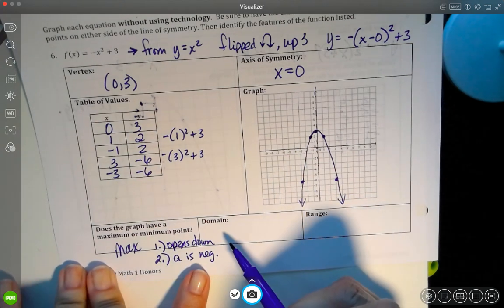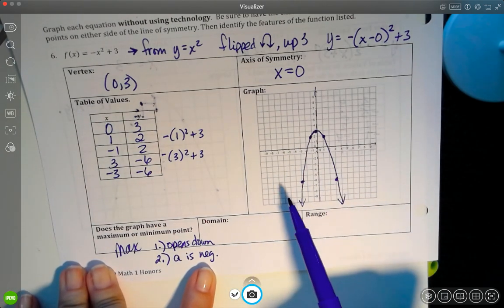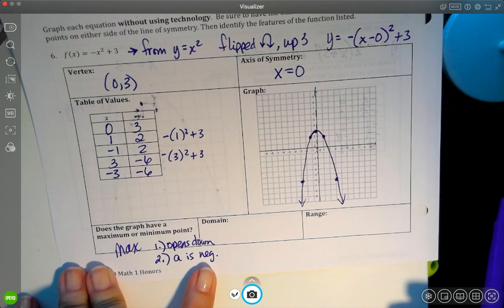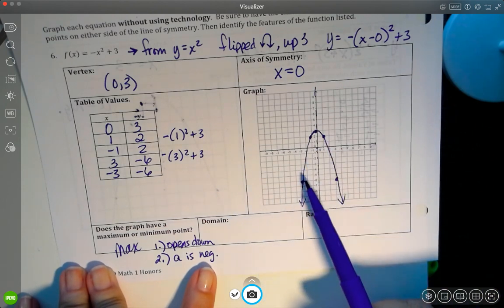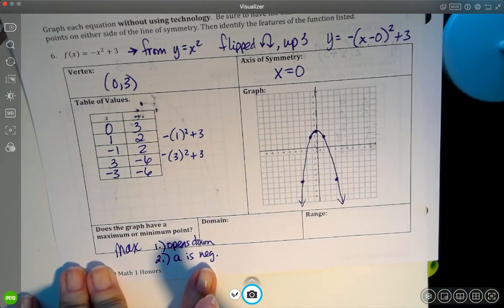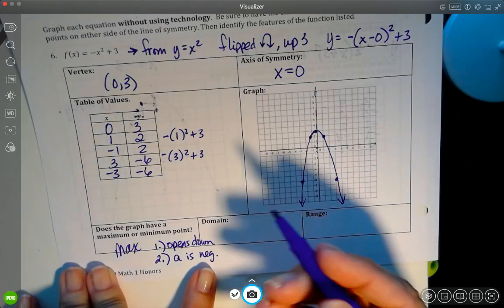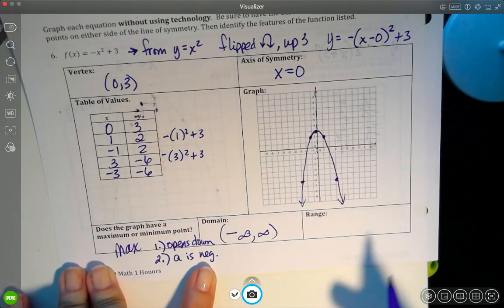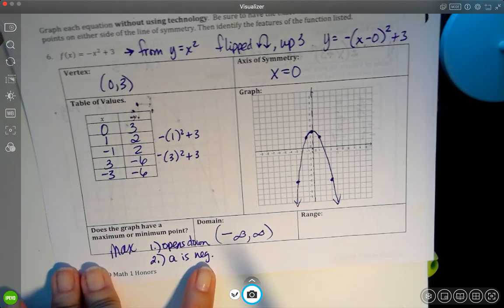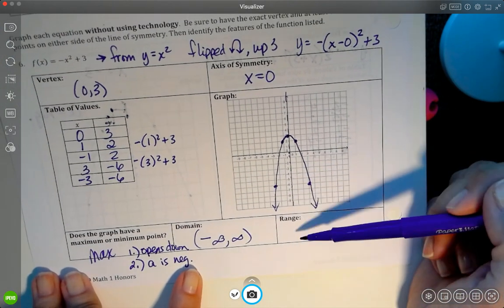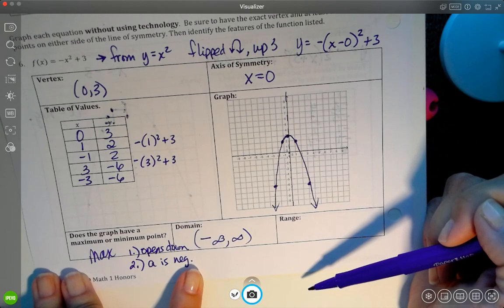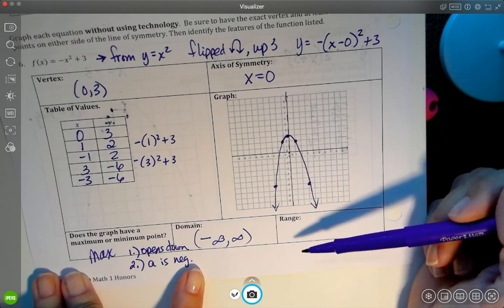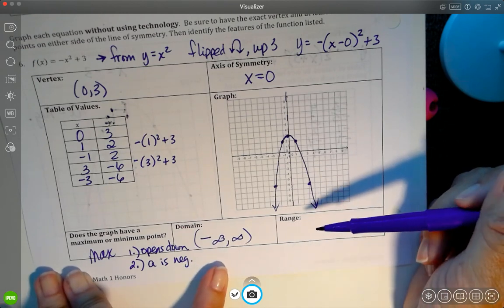What's the domain? So domain is always x's from left to right. Like, if this continued, how far to the left would it go, and how far to the right would it go? So it would go from negative infinity all the way to positive infinity. And then the range is always the y's, how low will it go and how high will it go for y.